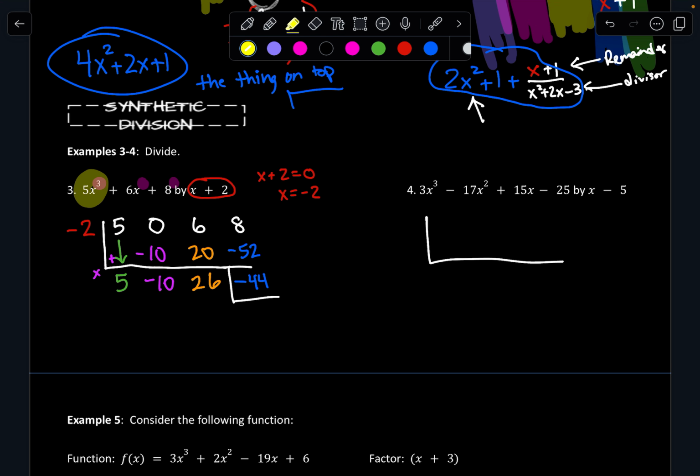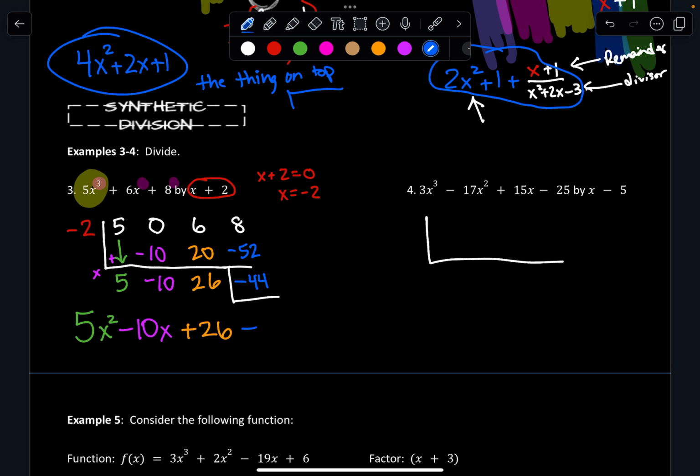What we're going to do is reduce it because we've divided by an x. So everything is going to decrease by one x value. So we're going to have 5x squared, so 1 less. Then we're going to have -10x plus 26. And then -44 is our remainder.